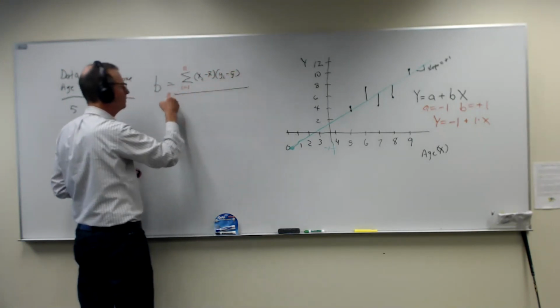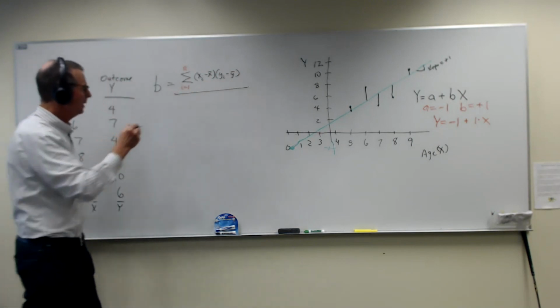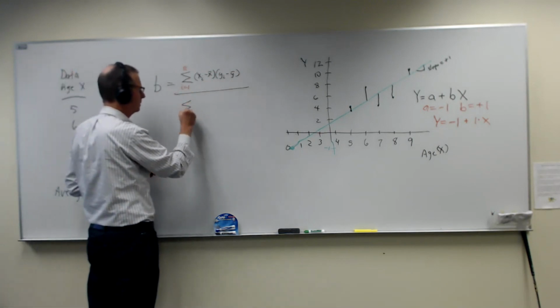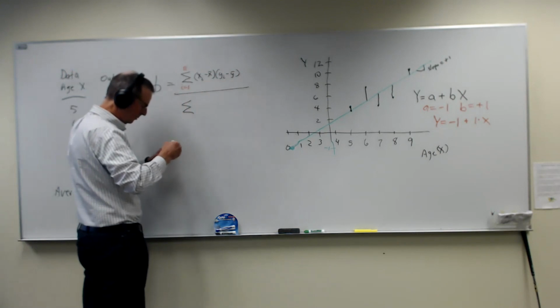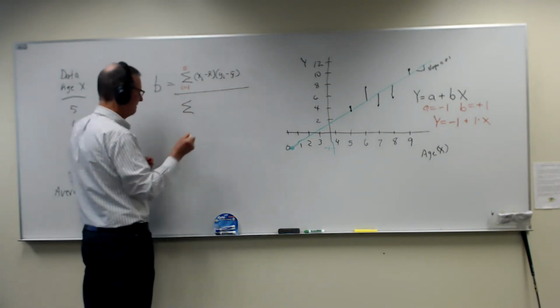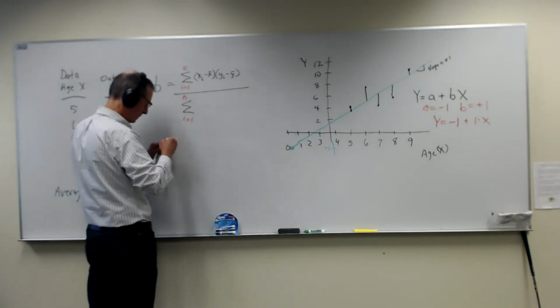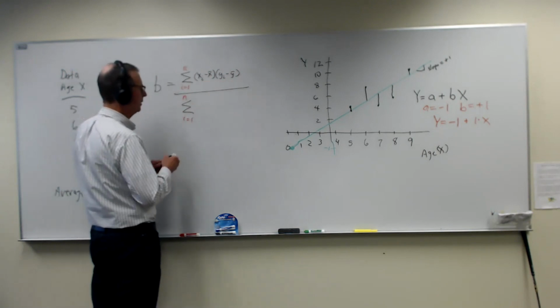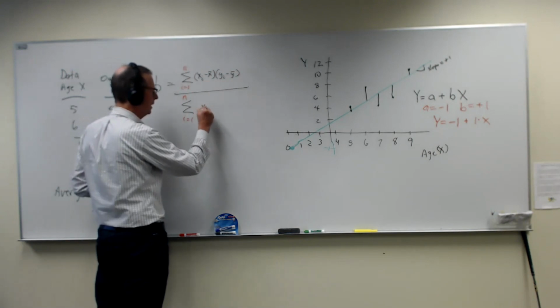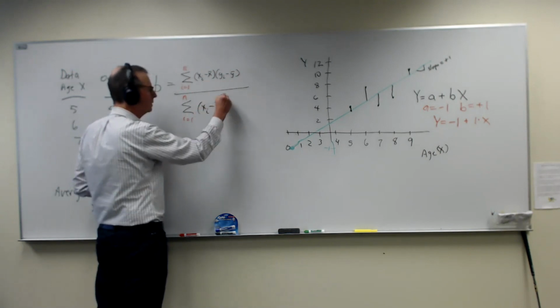That's the numerator. And the denominator also goes from 1 to n, and the denominator is xi minus x bar squared.